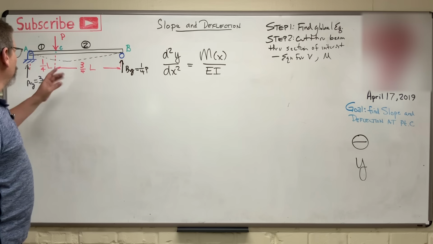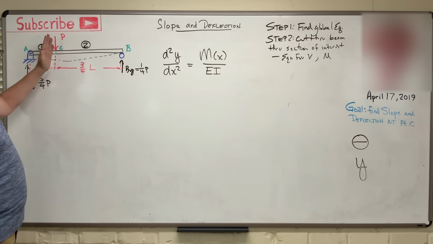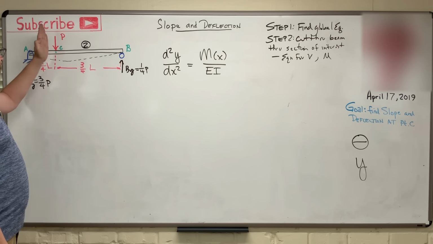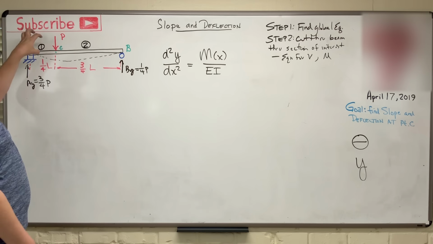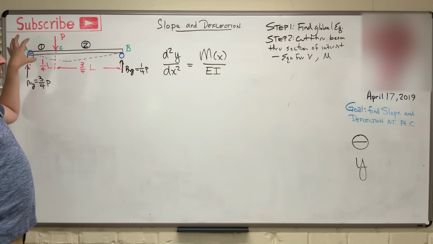So we have 2 sections from A to C, right? And then from C to B, we have section 1 and section 2. So let's start with section 1.